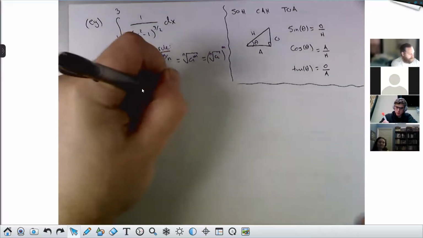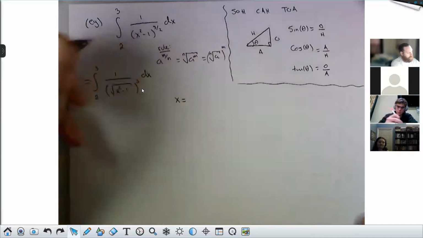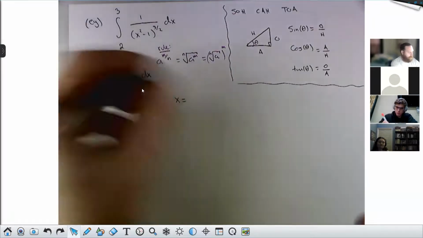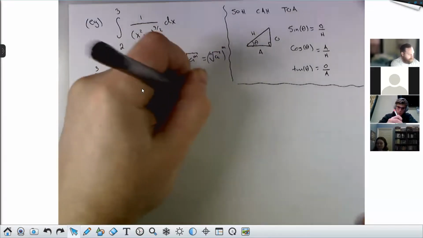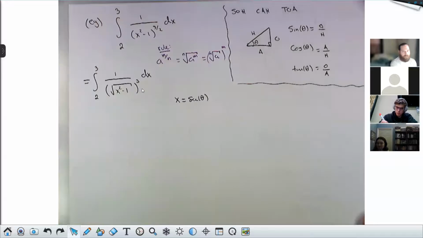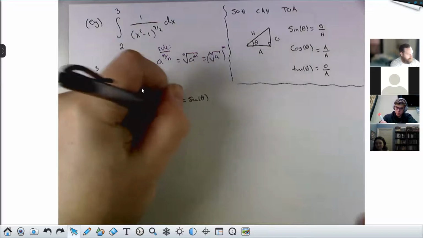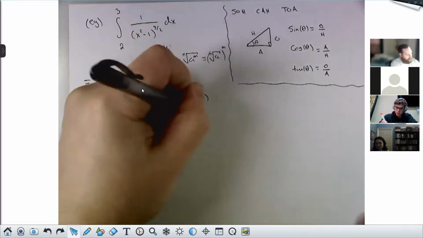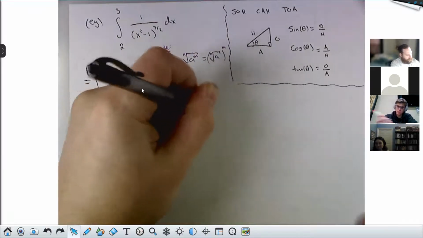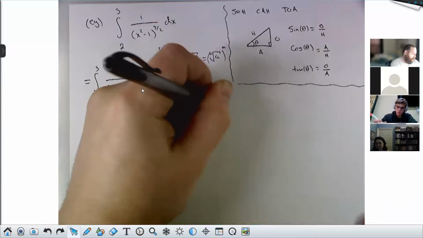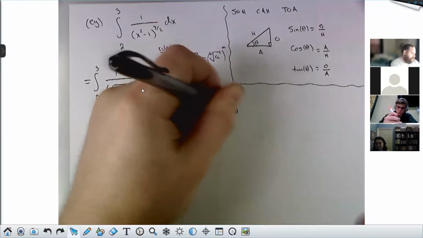We're going to let x be, a squared is 1, so a is 1. So we're going to let x be 1 times the secant of theta, which means that dx is going to be the secant of theta times the tangent of theta d theta.